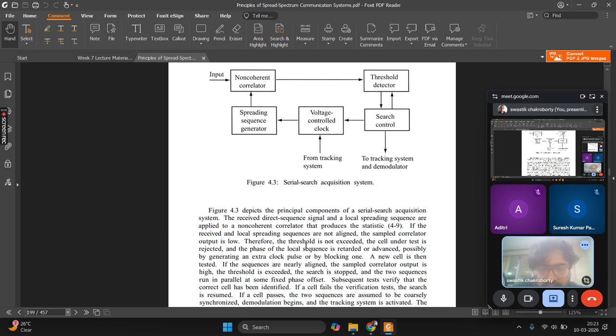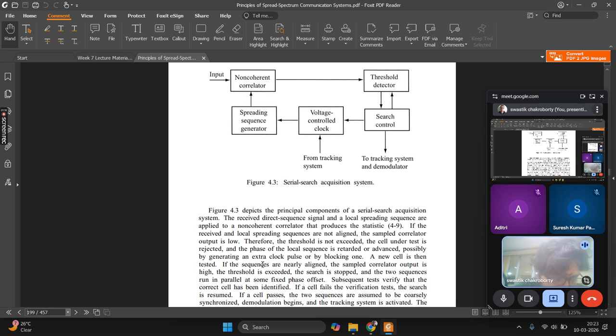So basically, if the threshold is not exceeded, then the cell under test is rejected and the phase of the local sequence is changed.